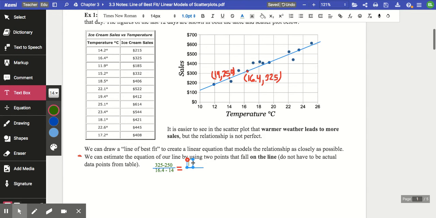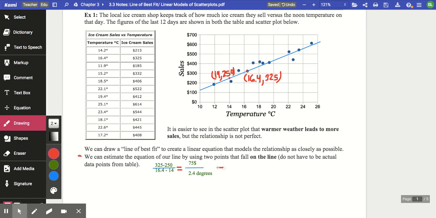This simplifies to $75 over 2.4 degrees. And if we want to write that as a unit rate, that is equivalent to $31.25 for every degree.